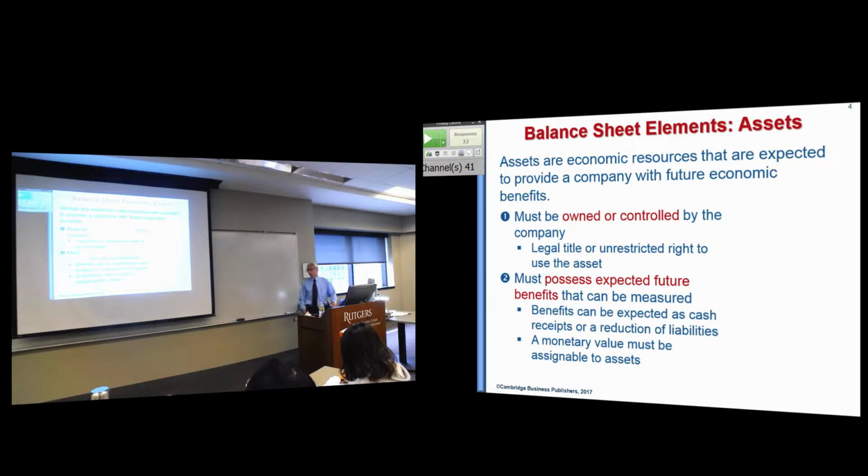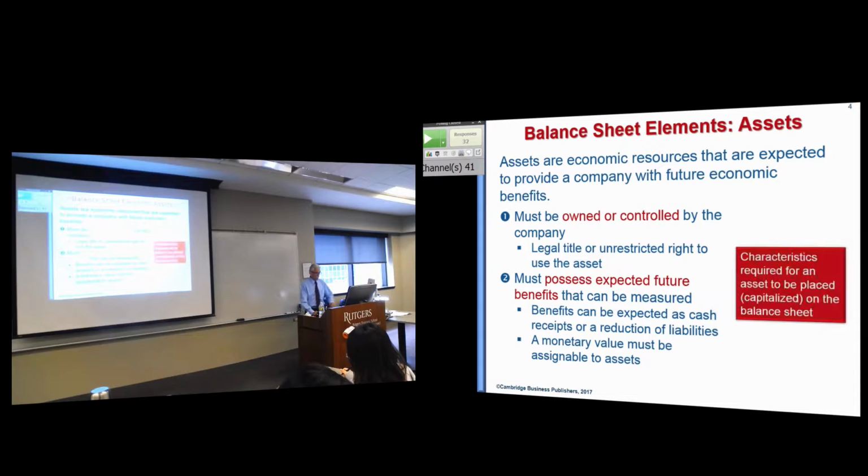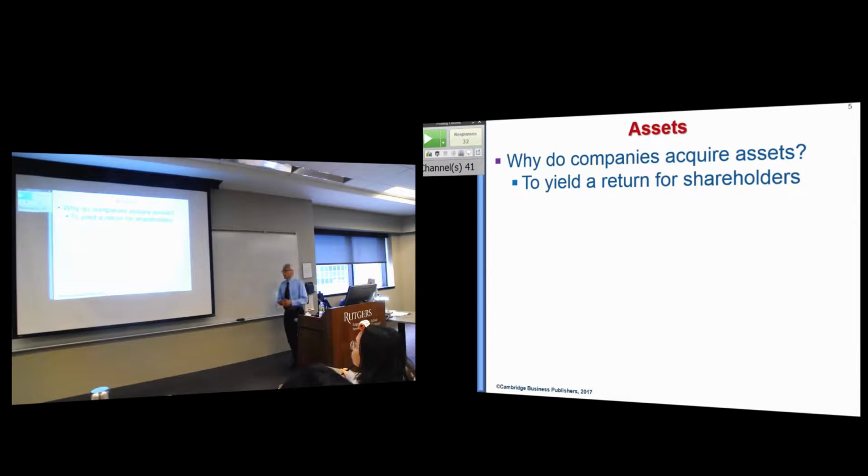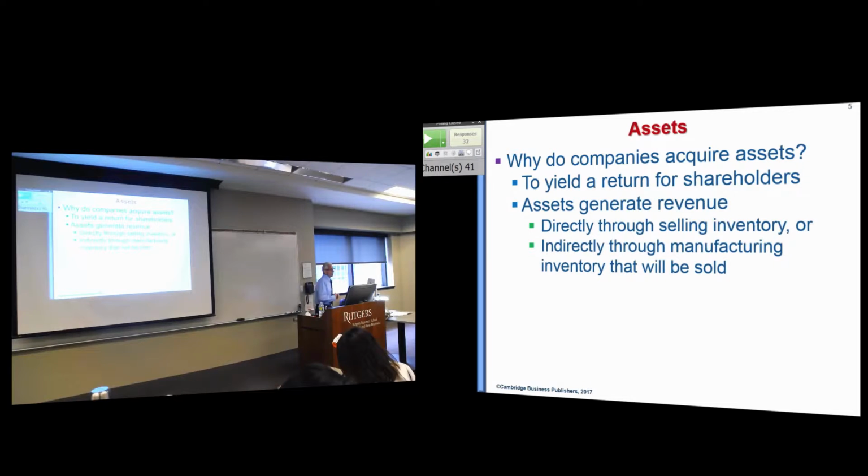Now, the benefits are going to be revenues. Of course, they generate expenses as well. But when we look at the benefits, they could either be the receipt of cash or other assets or reducing liabilities. Now, assets, of course, are acquired in order to increase value for shareholders, and we do that by generating revenue.